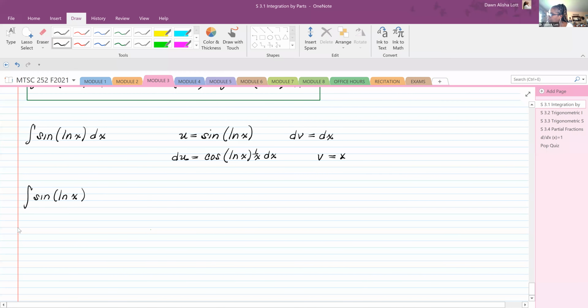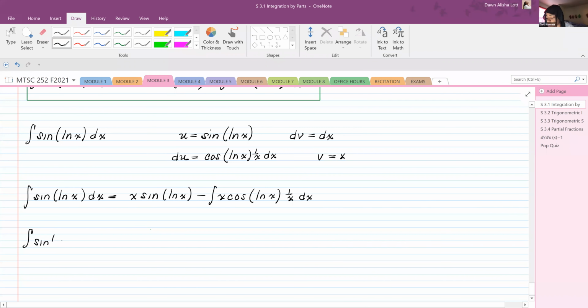is equal to, keep going. I put x sine of ln x, natural log of x, sorry, subtracted by the integral of x cosine natural log of x times 1 over x dx. And then I simplified it.